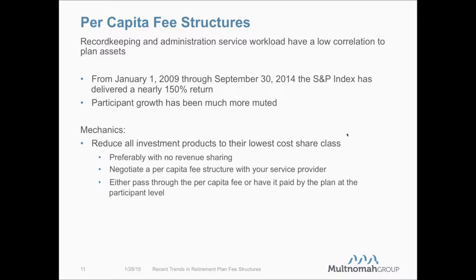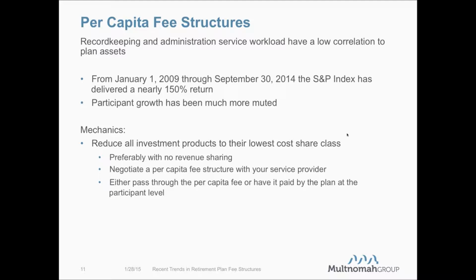So the mechanics of typically a per capita structure is to try and, A, reduce all investment products to their lowest cost share class. Because if you're going to have a per head fee, having lots of revenue sharing also in the system, again, creates some of the fee equity challenges that I talked about previously.